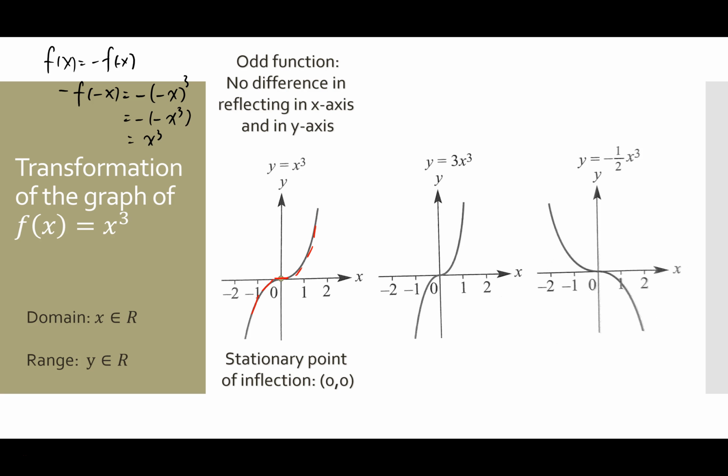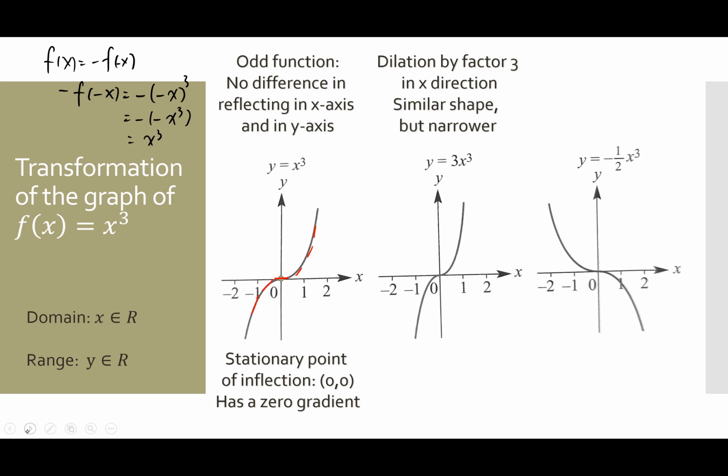So it's concave down before the point and concave up after the point. If you know the gradient is 0, or there's a horizontal tangent, we know this point is going to be a stationary point of inflection. We will go through this later in the topic of calculus as well. So this point has a gradient of 0.